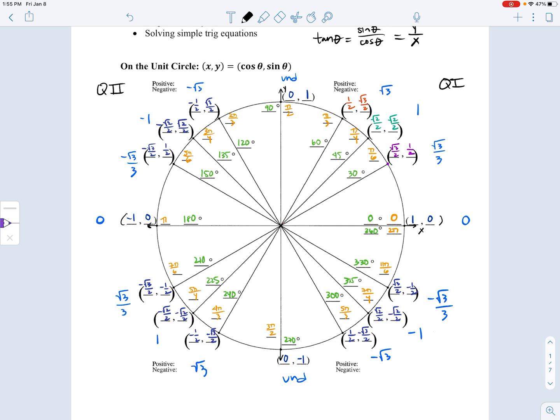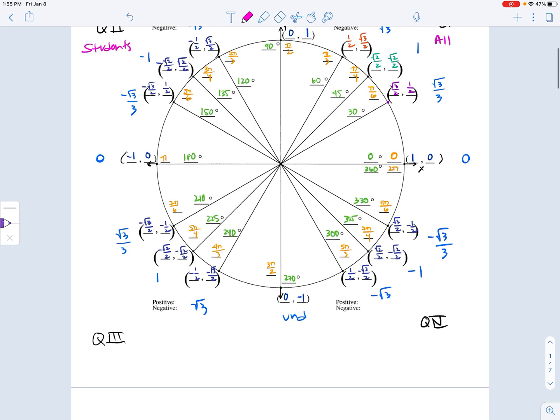This is quadrant 1, quadrant 2, we go in the counterclockwise direction, quadrant 3, quadrant 4. So the little saying I have is: All Students Take Calculus.